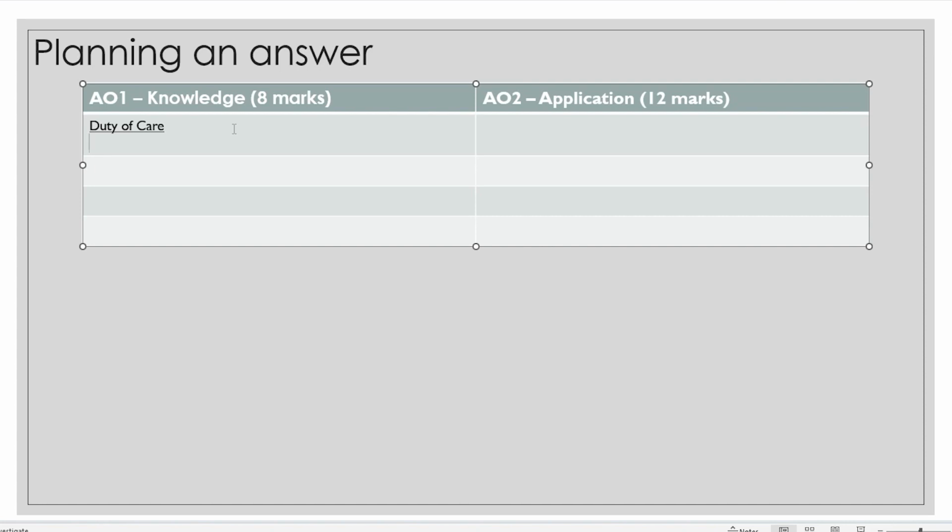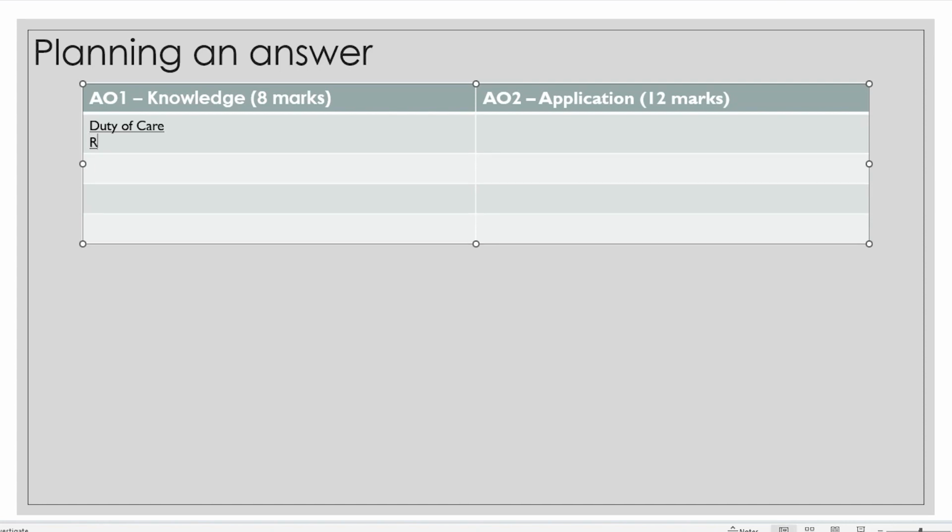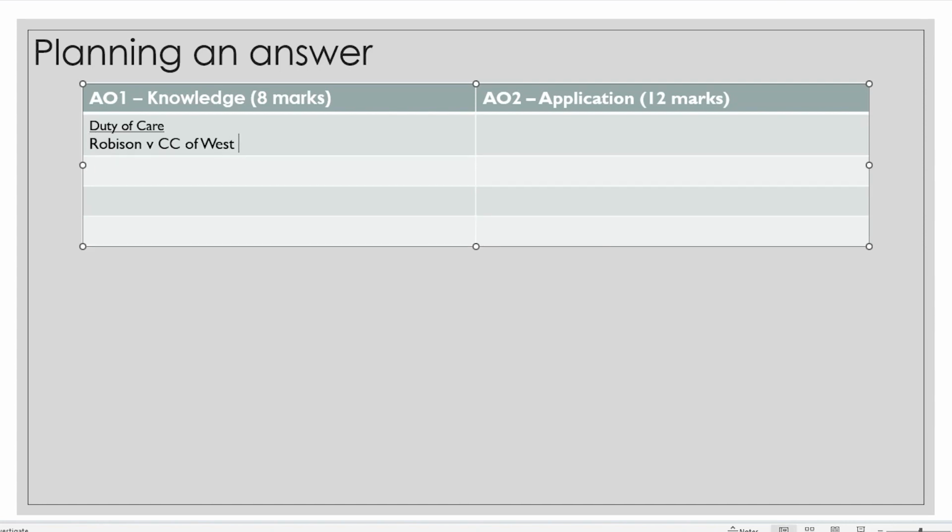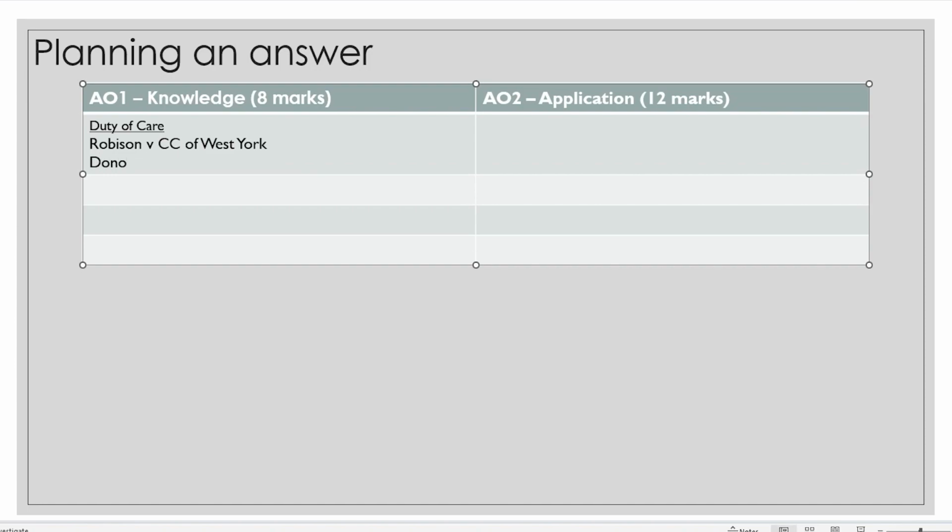So duty of care, the first thing you think of is Robinson v. CC of West Yorkshire, and then Donoghue versus Stevenson. Now obviously you first start off with a quick description and explanation of duty of care. Robinson v. tells you how to establish duty of care.